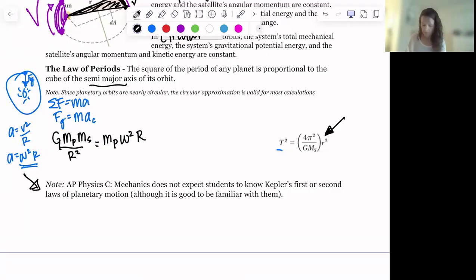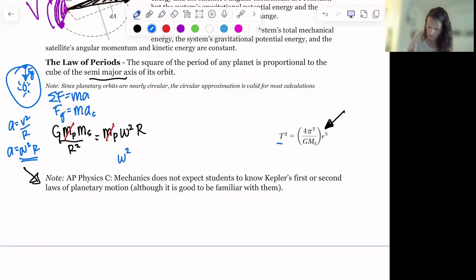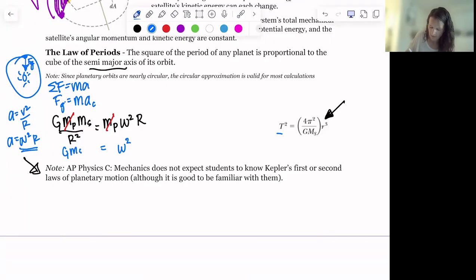At this point, we see that the mass of the planet will cancel out, and I would like to get omega squared by itself. So omega squared is going to equal all of the stuff that I have on the left-hand side of the equation, also divided by that r squared. So I'll have G mass of the sun divided by r cubed. So here we are. And then we remember, hopefully, that our period equals 2 pi over omega.